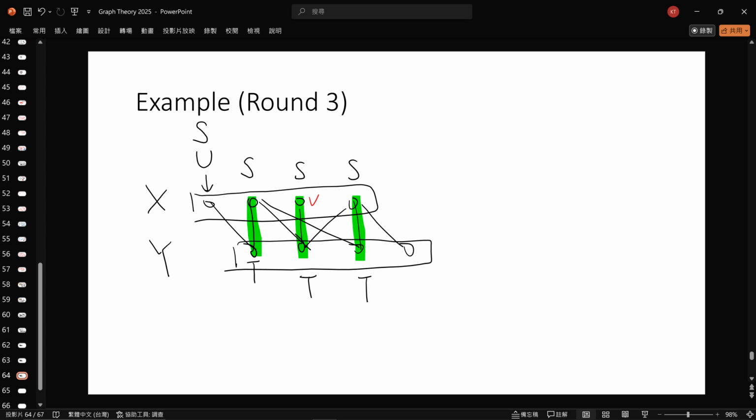So we consider this vertex, and then we want to go down to the set Y. But for this vertex, all the edges adjacent to V are edges from the matching. So there's no way of going down to Y. So this just finishes this round. In this round, we do not add any more vertices to S and T.